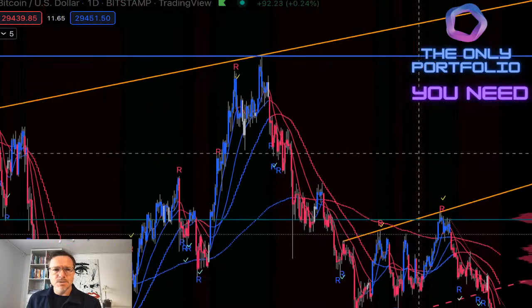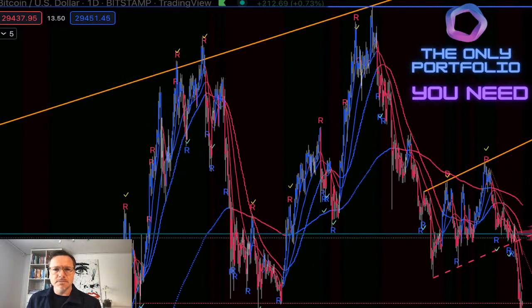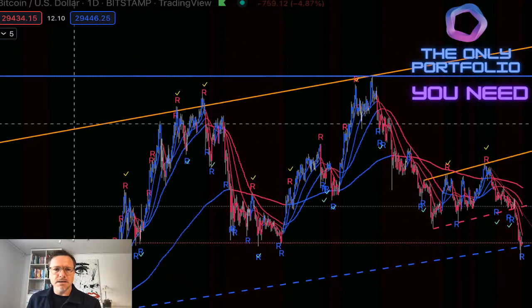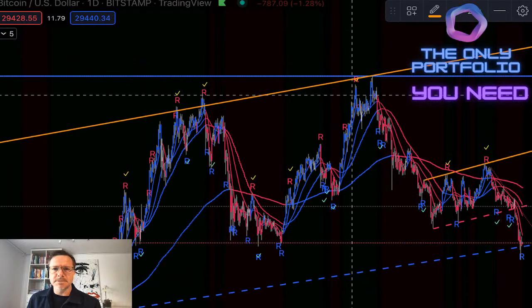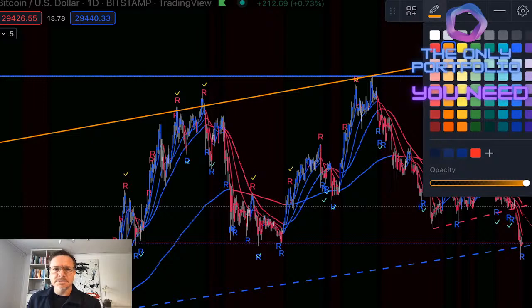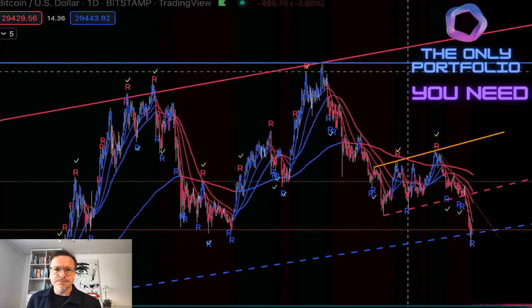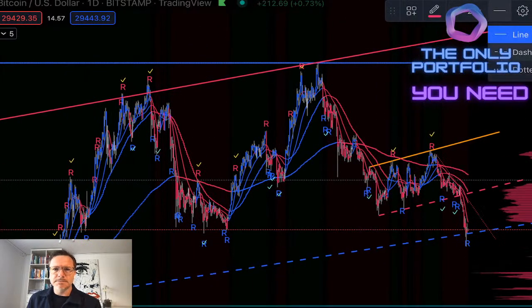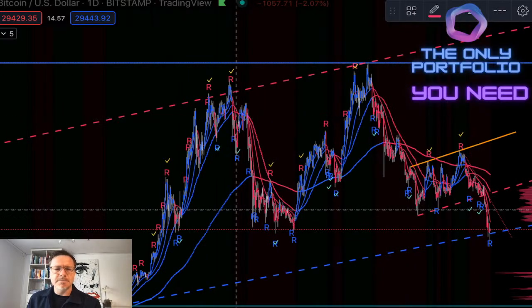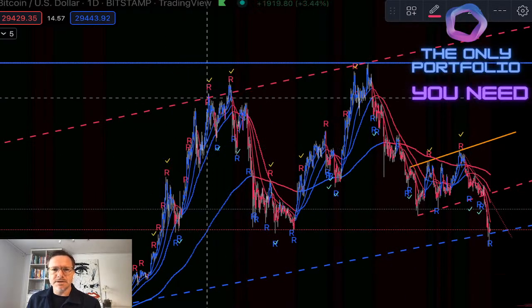We also have a long-term resistance up here. I just need to change the color, and maybe make it dashed as well. So these are perfect times to take profit.